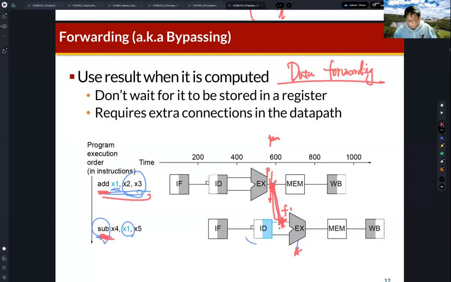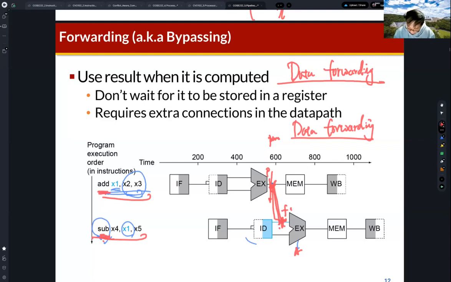So this is called data forwarding. Because the processor already has the required data, even though this data is not stored in the register file, this data can be delivered to the input of the ALU. So the next instruction can use this forwarded data. So this is data forwarding. Using data forwarding, we can avoid data hazard.